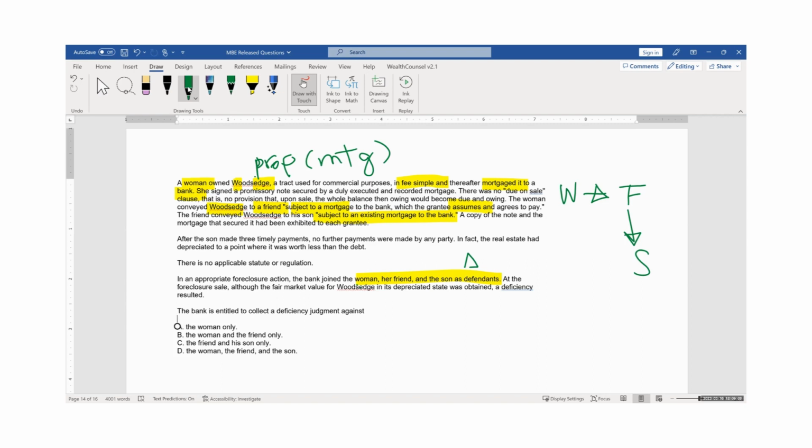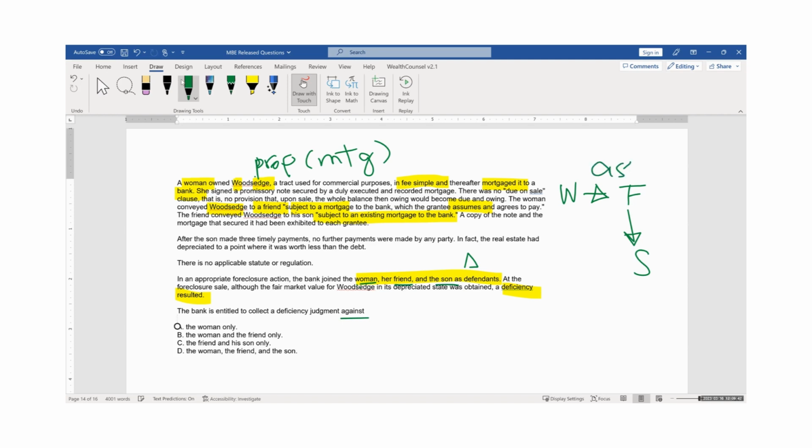At the foreclosure sale, although the fair market value for Woodsage in its depreciated state was obtained, a deficiency resulted. So another mortgage term, deficiency. And the call of the question is the bank is entitled to collect a deficiency judgment against the woman, the friend, and the son.